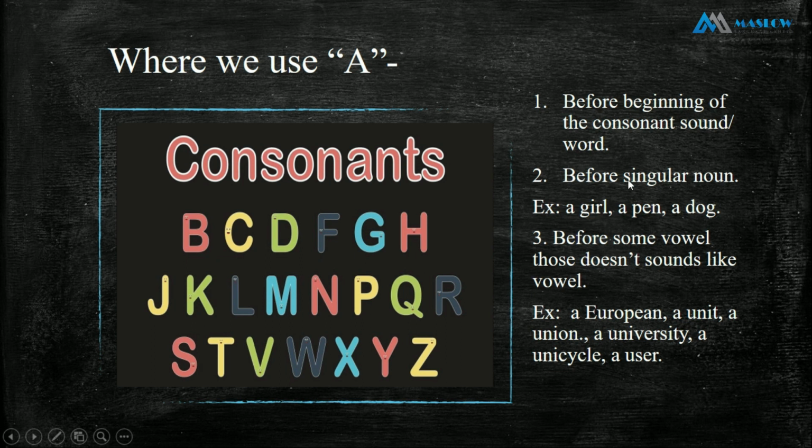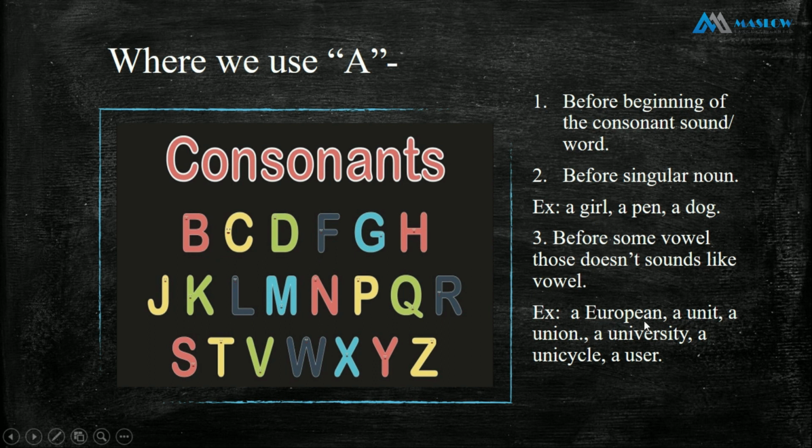Then second one, before a singular noun, like a girl, a pen, a dog. Then before some vowel words that don't sound like vowels. So what are the vowels? A, E, I, O, U. So these are the words which start with vowels but don't sound like vowels.